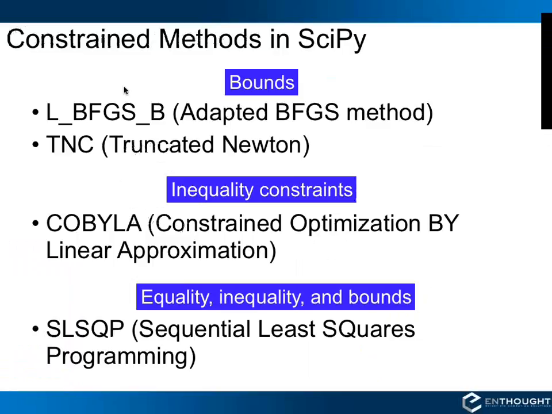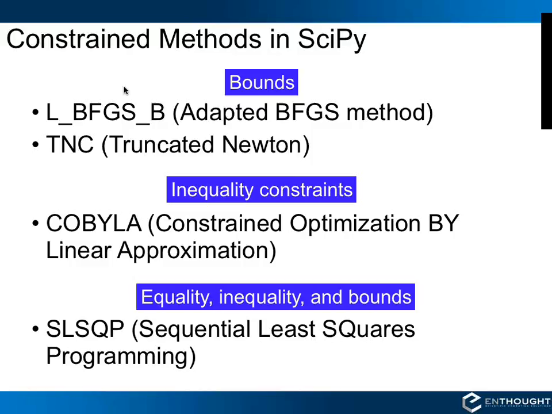Now, one approach to that is to ignore the constraint, solve the unconstrained problem, and then see if your answer is in the feasible region. And if not, jump to a position in the feasible region and try to find a local minimum there. You can get quickly tired of that unless you only have very, very simple constraints. It's useful to do an overview of the constrained methods in SciPy.